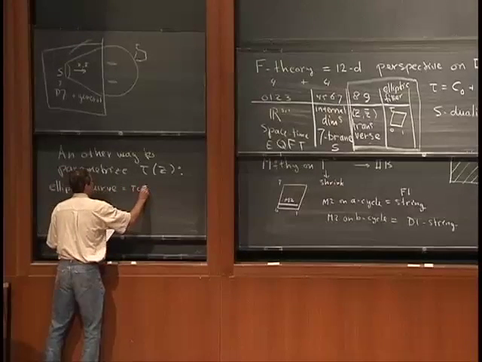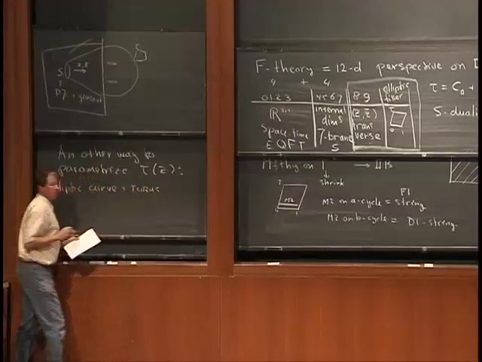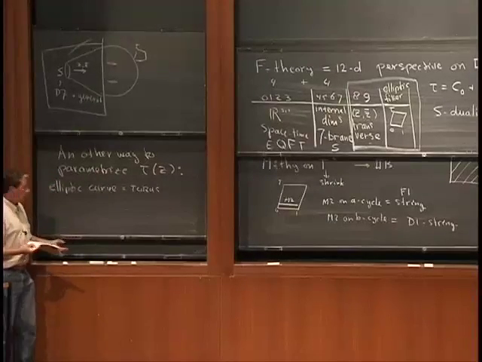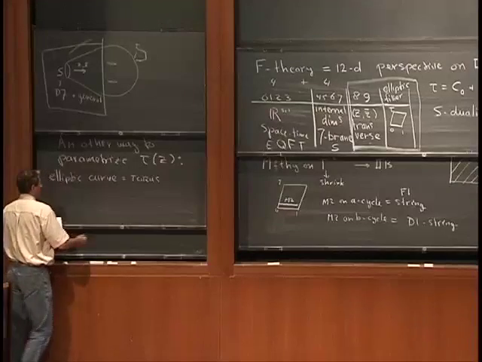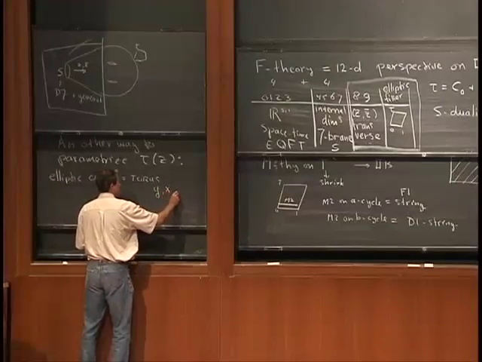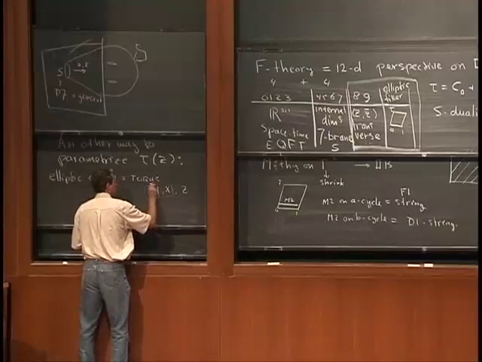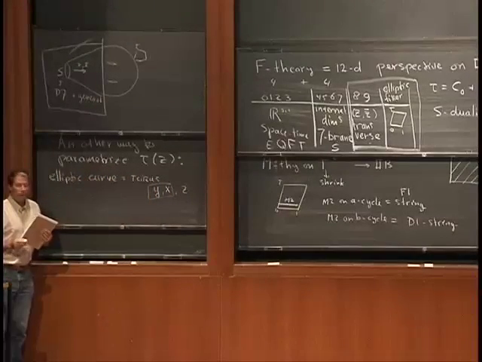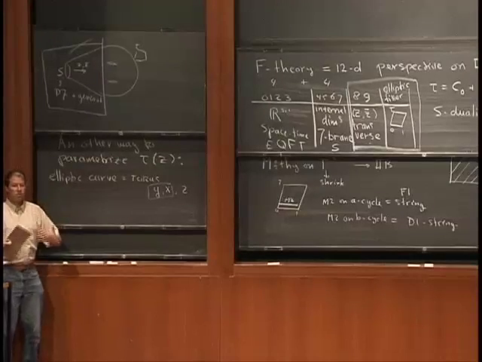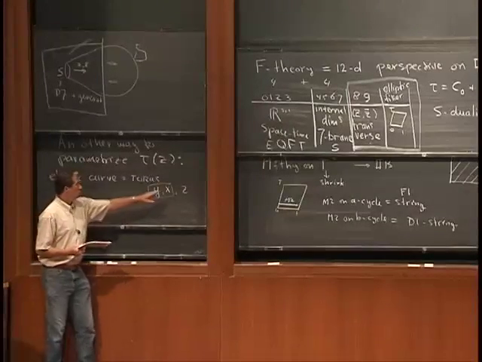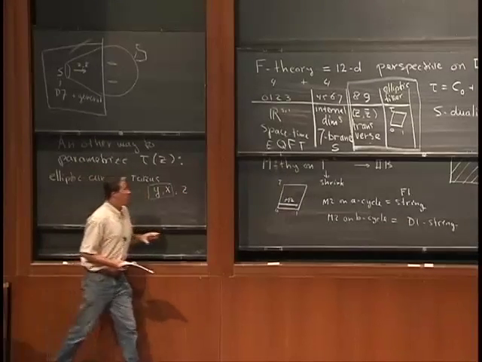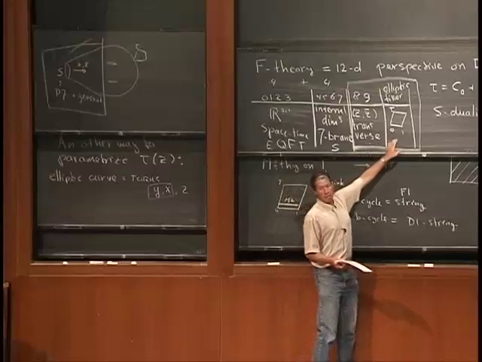So the torus is actually an elliptic curve, and an elliptic curve means that you can write down a particular equation. So we're going to have three complex variables, y and x and z. So these are two extra complex variables. But I'm going to write down one complex equation. So in terms of dimensions, I'm going to add one more complex dimension to this z variable, and that extra complex dimension is that 2-torus.